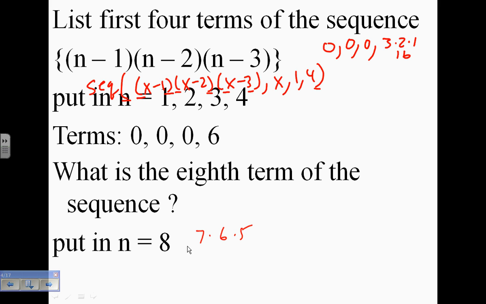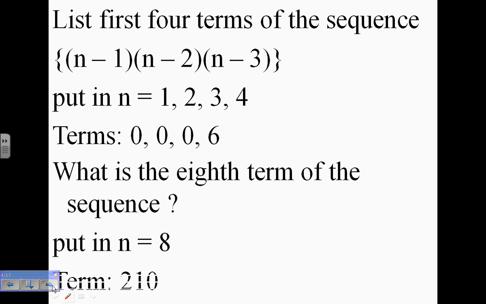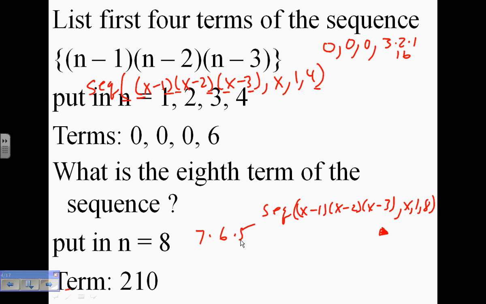Or you could have done your calculator sequence x minus 1, x minus 2, x minus 3, x 1 to 8. And then when you get your numbers out, just scroll over by using your left or your right arrow, and you can scroll over and see what the 8th term is. Either way, you should get 210.